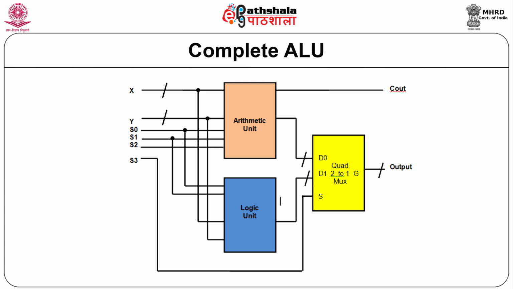Select line S3 provides input to connect the select input of the 2 to 1 multiplexer, which is either selecting AU or LU. For 4-bit operands, 4 2 to 1 multiplexers are used. Arithmetic unit can also generate a carry output.